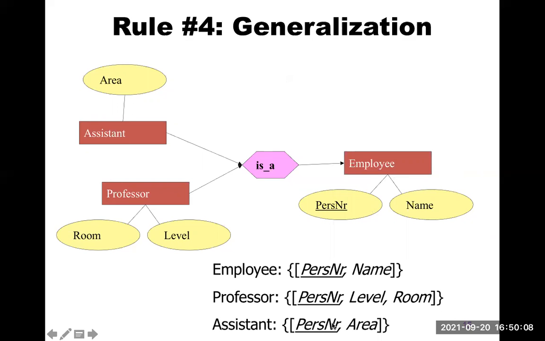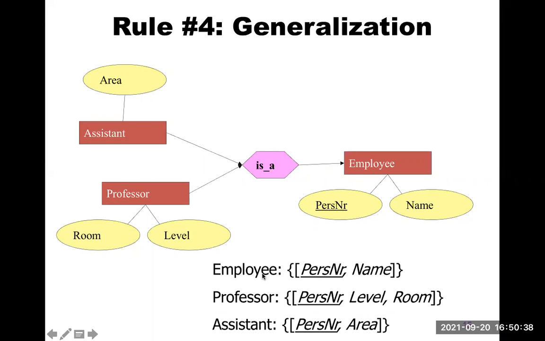That's one way. But this schema is not too good from the performance point of view. If I need to collect all the data of a professor, I need to search in two tables. I need to go to the professor table, search by person number, and I'll have level and room.